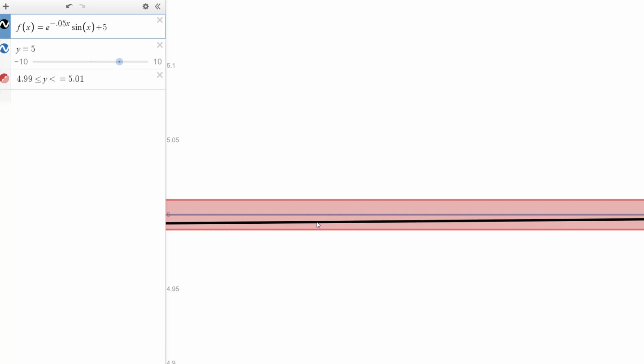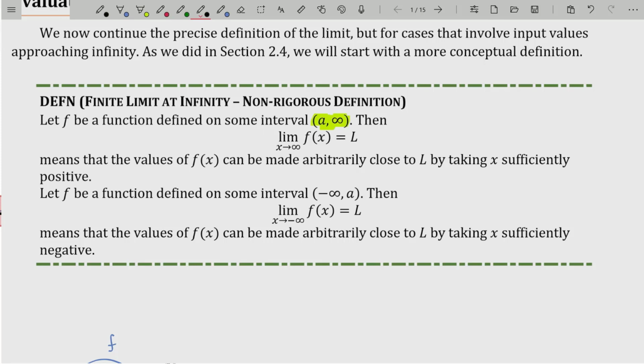And I can just say, for example, let me try to click on this and keep it. From x equals 93.679 onward, I know our function is within this epsilon neighborhood. That's really what the general non-rigorous definition of an infinite limit or a finite limit at infinity is.